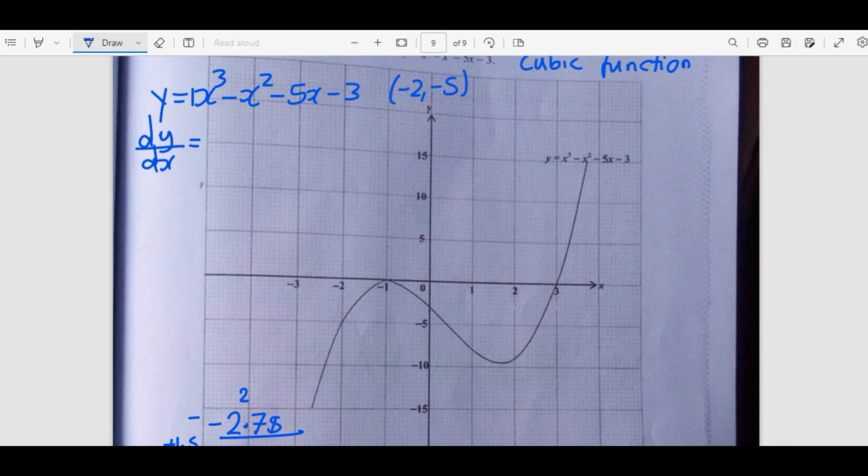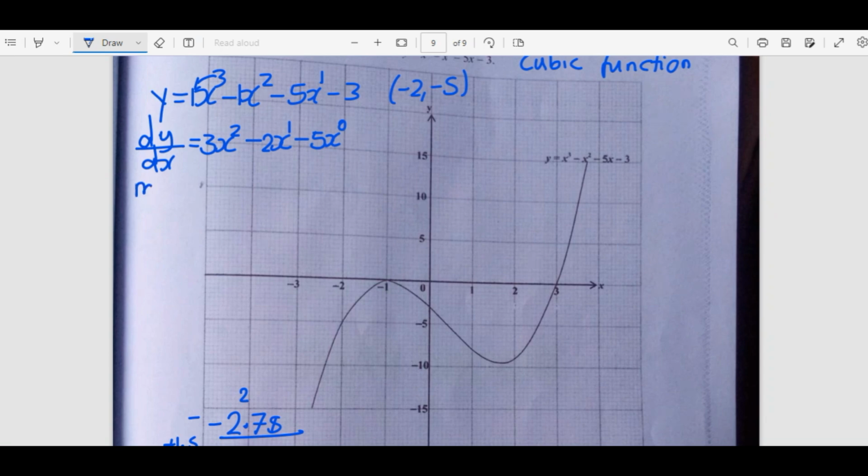You multiply the power 3 times the coefficient of x, which is 3, x raised to the power you subtract 1, 3 minus 1 is 2. Here we do the same, 2 times -1 is -2x, then 2 minus 1 is 1. Now for this case, we only have a 1, so 1 times -5 is -5, x to the power 1 minus 1 is 0. Then the derivative of a constant number is always 0.